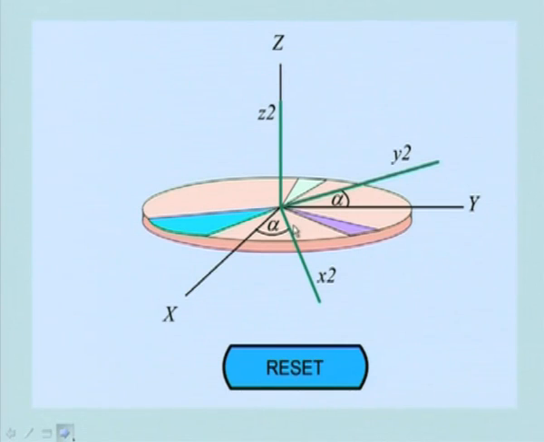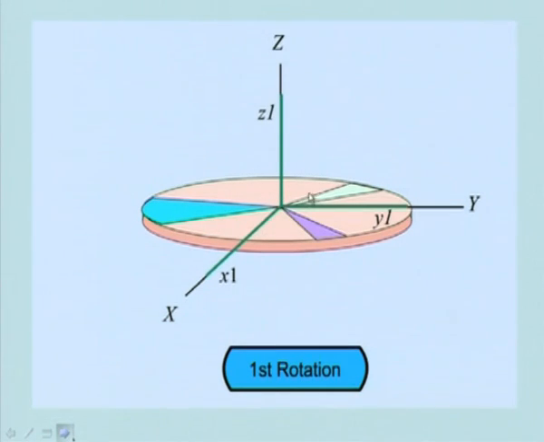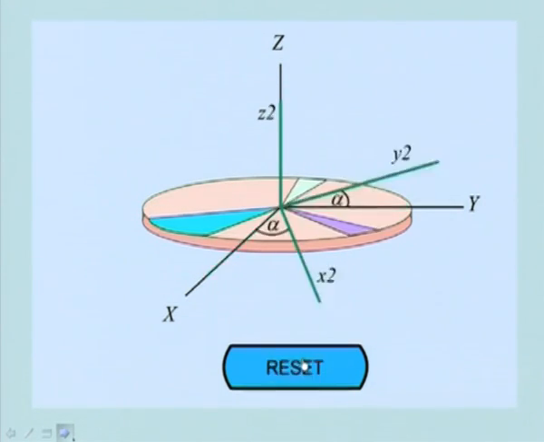It has rotated about the z1 axis by an angle alpha, but z2 is the same as z1 in that direction. See this animation again. Initially x1, y1, z1. Now rotate it. So the first rotation has given x2, y2, z2. Now we go to the next.